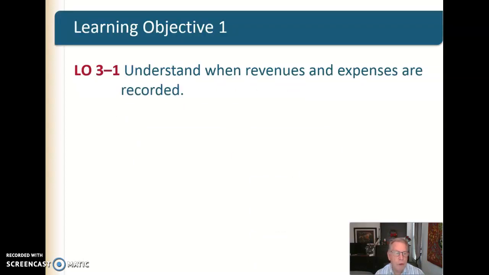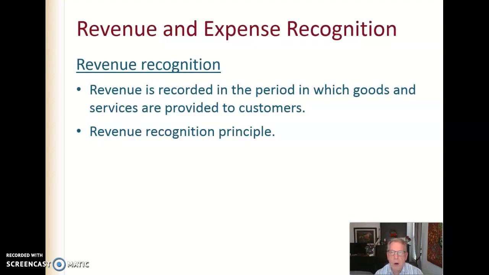So, first, we need to understand when revenues and expenses are recorded. Here, we're going to record our revenue in the period in which the goods and services are provided to customers. I refer to that as revenue that is earned. That's the revenue recognition principle, and that revenue is going to go on the income statement.